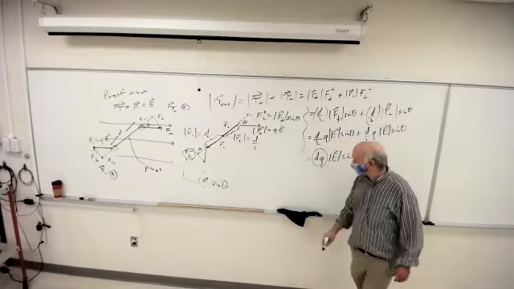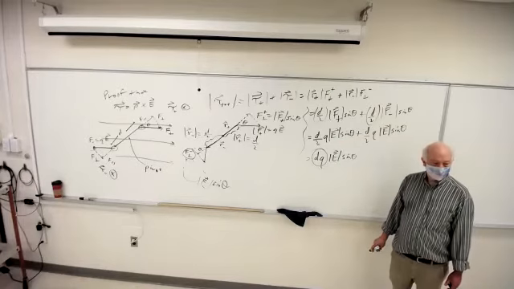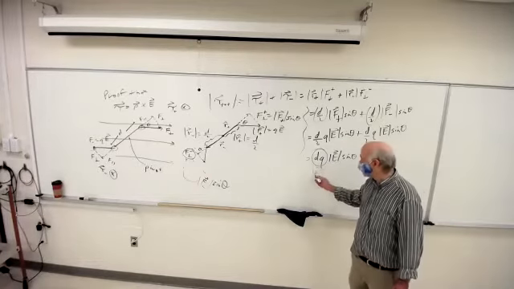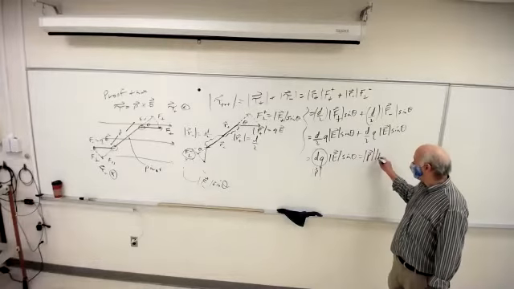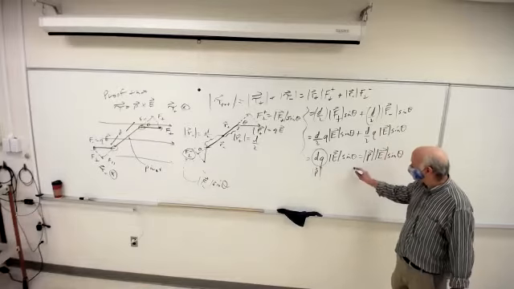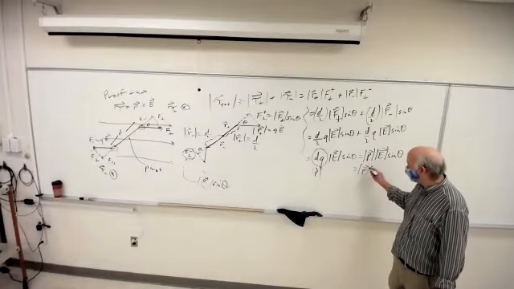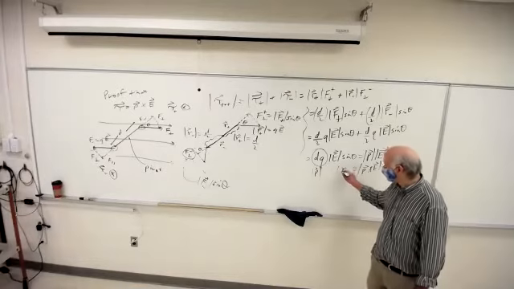Does this have a name? That's your magnitude of P. So you have magnitude of P, magnitude of E, sine of theta. Well, that's nothing but the magnitude of P cross E. That's your net torque.